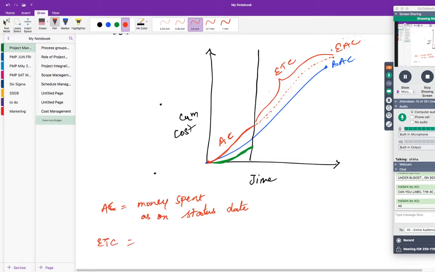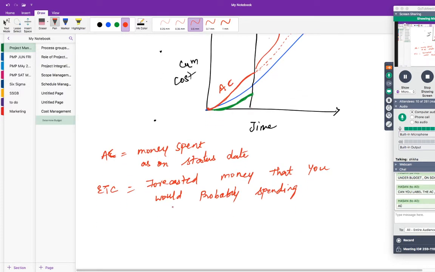This is a forecast, the forecasted or assumed money that you would probably be spending for the remaining work.